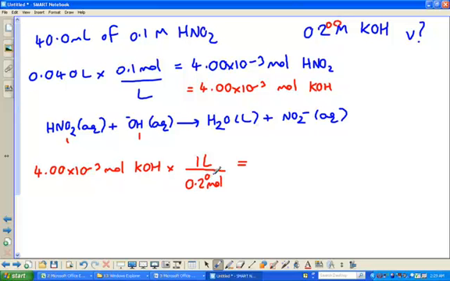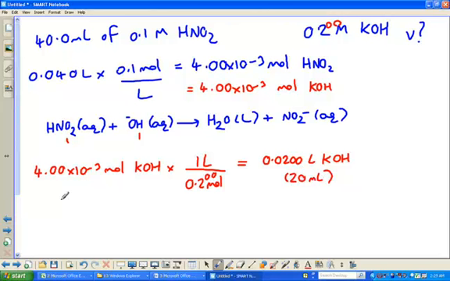What I get is the volume here of 0.0200 liters of KOH, which if you think about it is 20 mL of KOH.